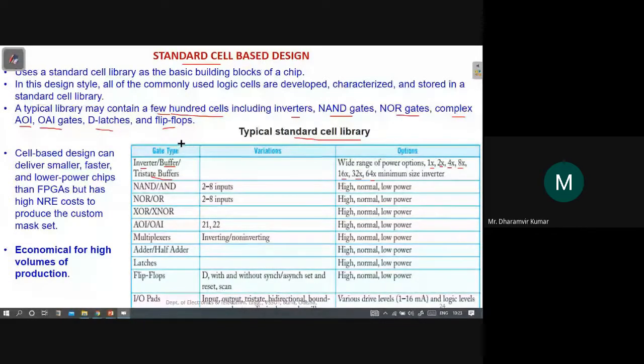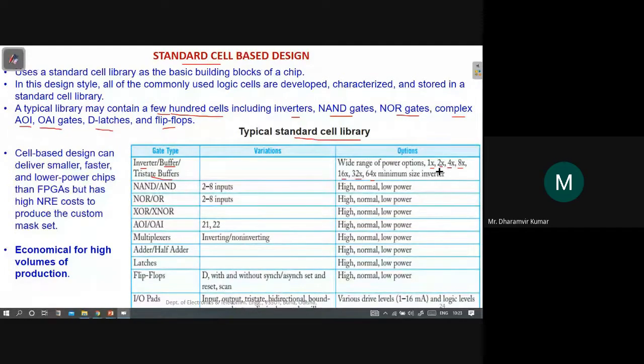There would be one inverter which is of minimum size, and that would be the smallest component in the whole library. In addition to that minimum size inverter, we will also have 2x, 4x, 8x inverters. So what does a 2x inverter mean?